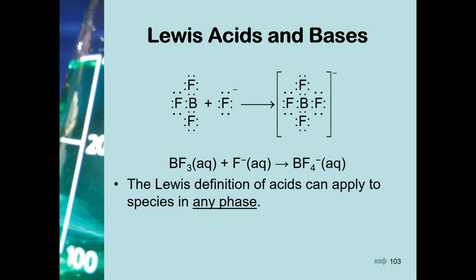So the Lewis definition of acids can apply to species in any phase. We've talked here about in water, but in solution, but it says in any phase, gases or liquids or solids.